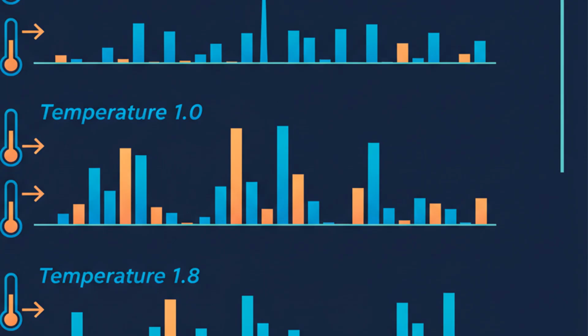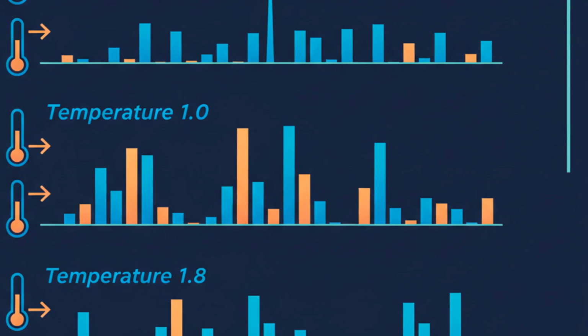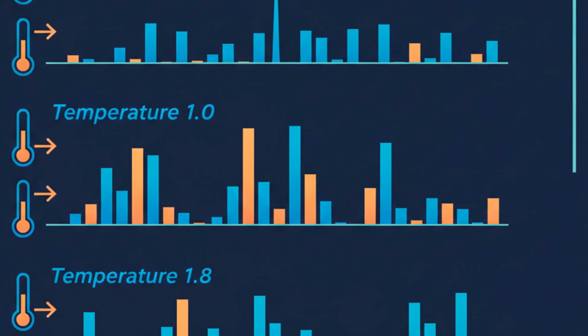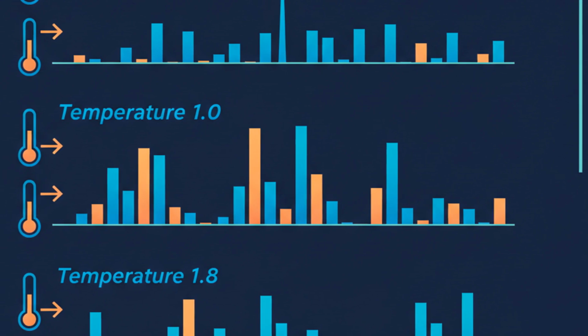Temperature is how we control the chaos. Mathematically, we divide all the raw scores, called logits, by the temperature value before converting them to probabilities. When temperature equals 1, nothing changes. You get the original distribution, but drop it to 0.5 and something magical happens. The tall bars get taller, the short bars get shorter.